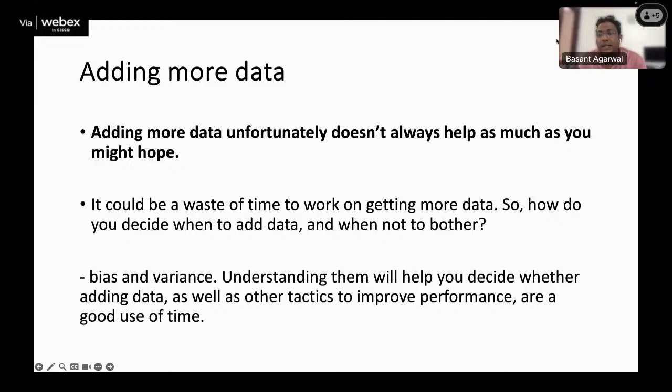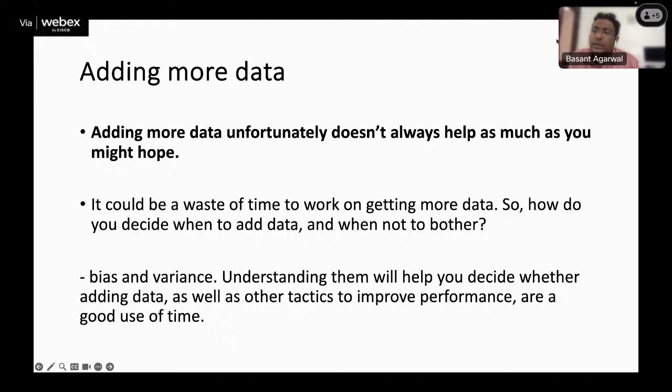For example, let's say in the first phase my training accuracy is 70%, 75%. It is very unlikely that adding more data will increase that. I'll let you know the reason when it may happen.